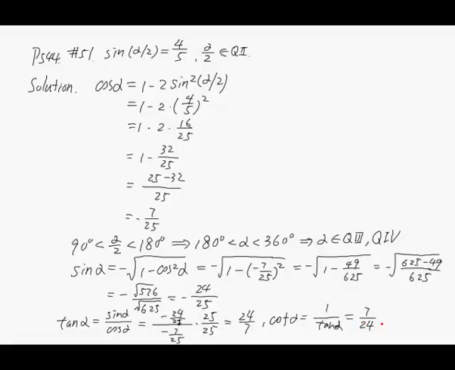Now let's move to the next page to find the secant and the cosecant. Secant alpha is equal to the reciprocal of the cosine alpha. So cosine alpha is equal to negative 7 over 25. Now you invert this fraction, then you get negative 25 over 7.